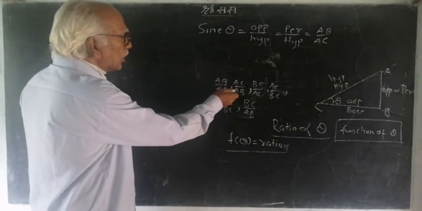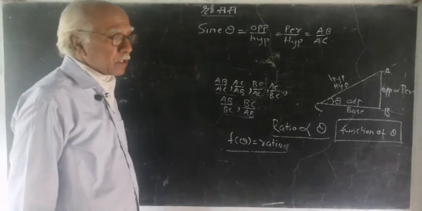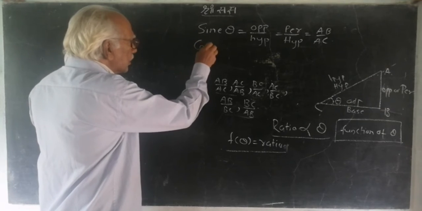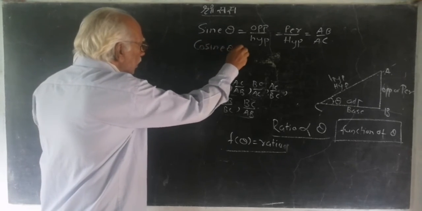See, this one's reciprocal is known as cosecant of theta, we will come to that afterwards. And then now we can take co of this ratio, that is cosine of theta.